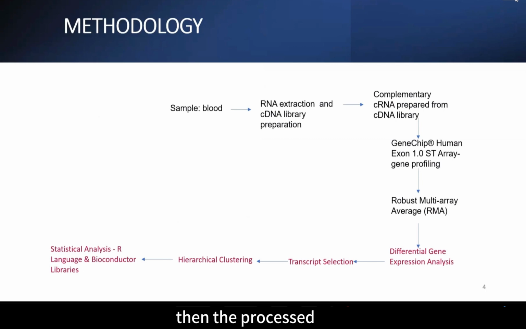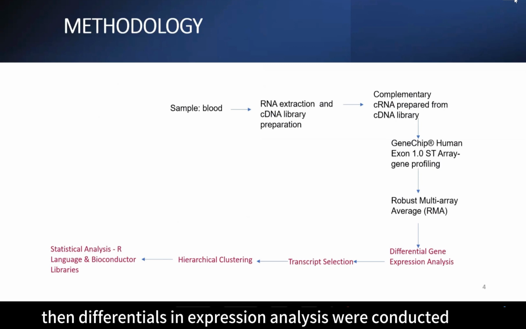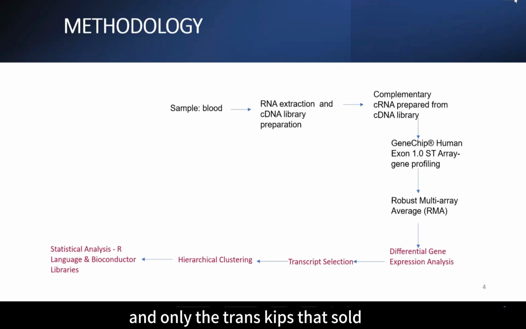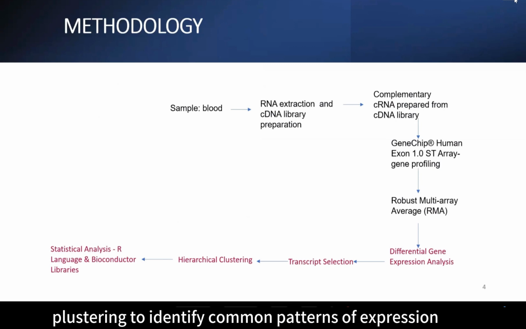Then the data were pre-processed using the RMA method for background correction, normalization, and summarization of the values. Then differential gene expression analysis was conducted, and only the transcripts that showed differential expression were selected and subjected to hierarchical clustering to identify common patterns of expression.